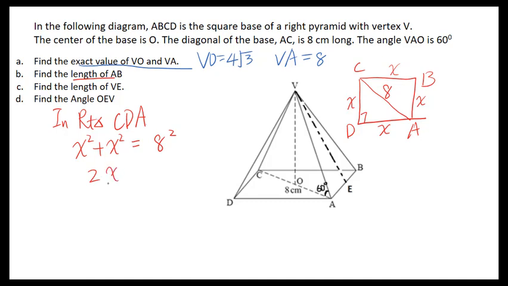So you have 2x squared equals 64. And x squared, we divide by 2 both sides, you will get 32. Then we will take the square root of both sides. You will get x equals square root of 32.